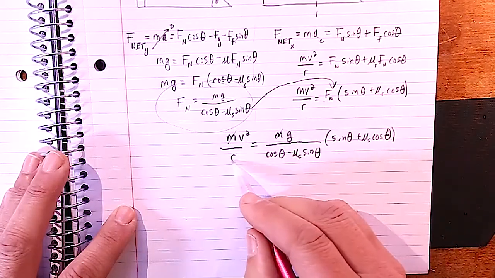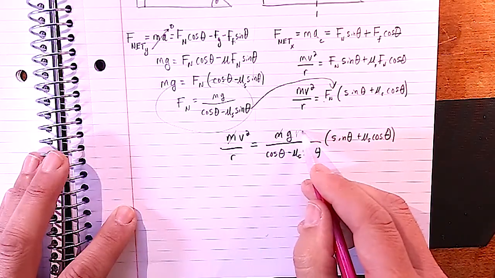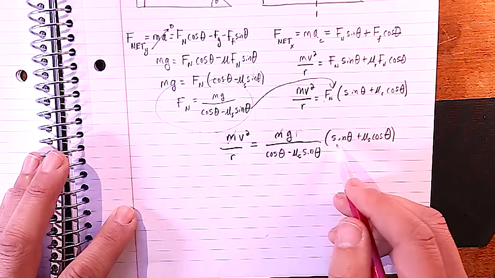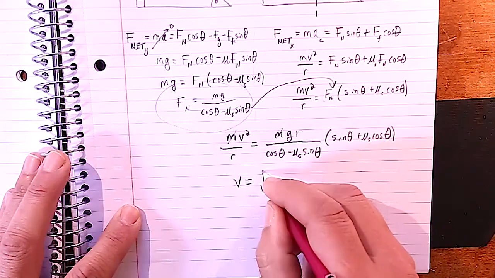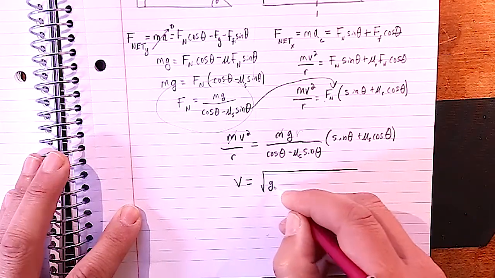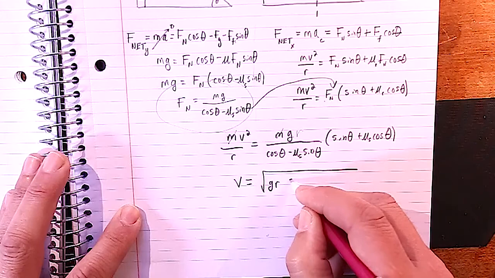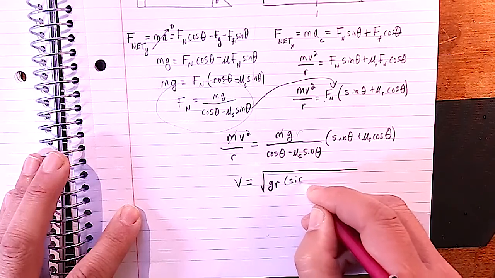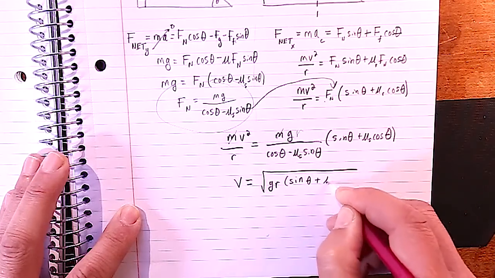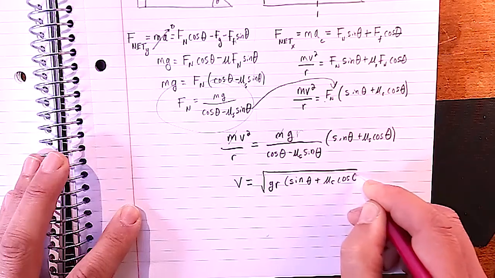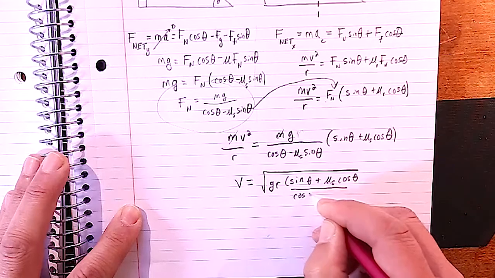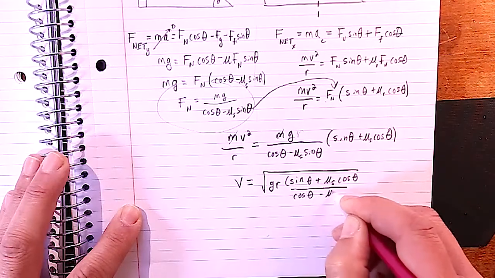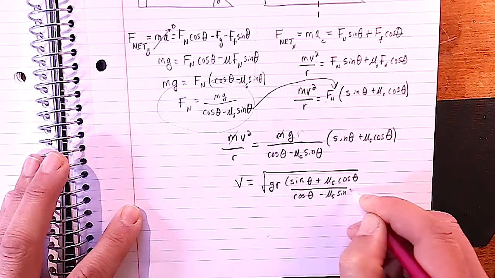And I'm going to bring the r over here, and I'm going to take the square root of both sides. So that's going to give us v is equal to the square root of gr times the quantity sine theta plus mu s cosine theta on the top, divided by cosine theta minus mu s sine theta.